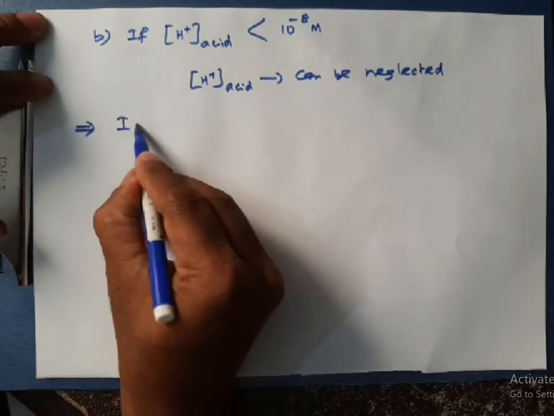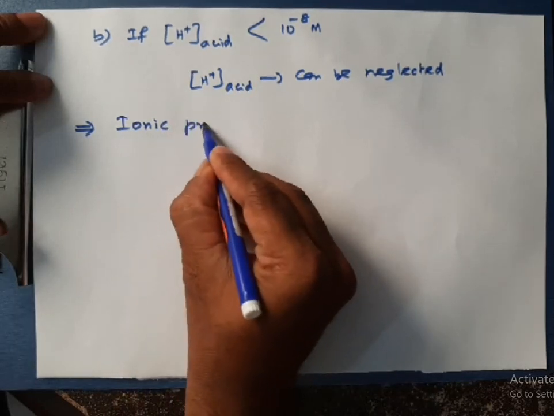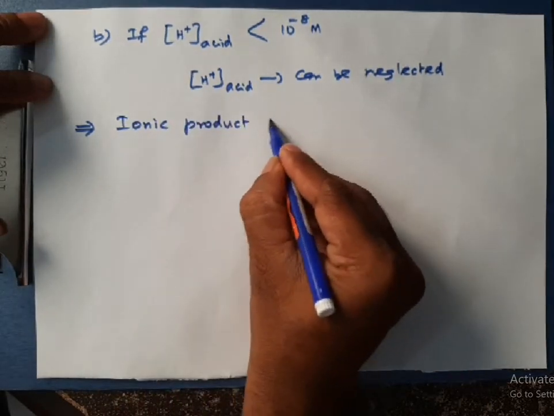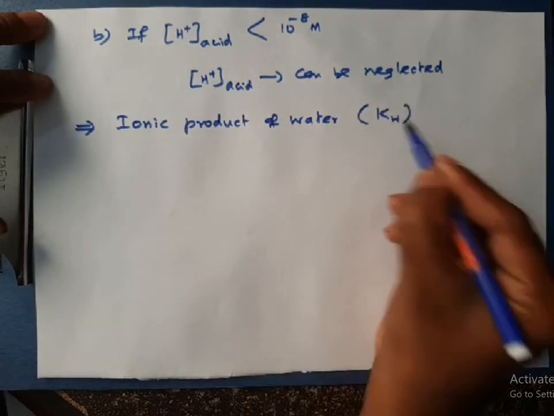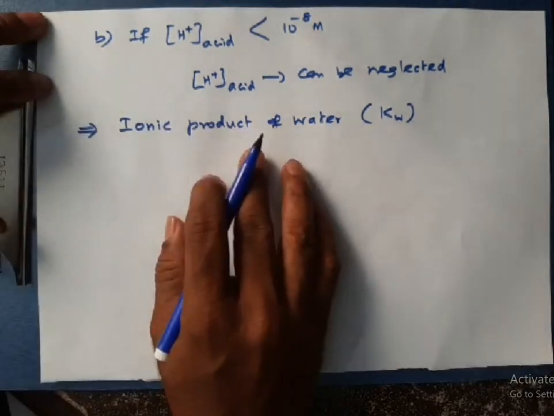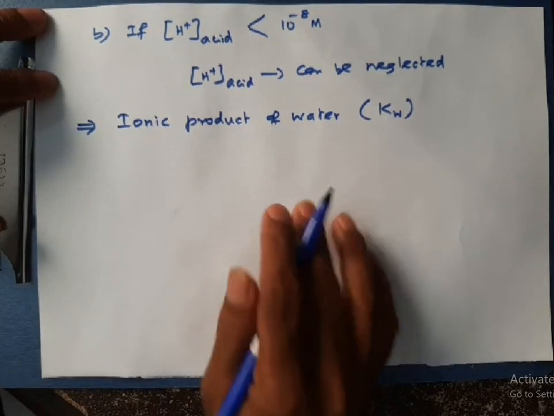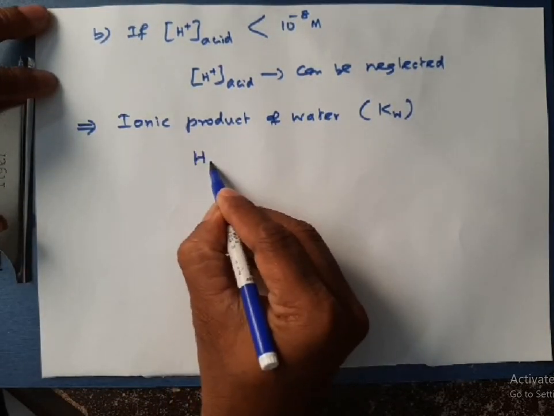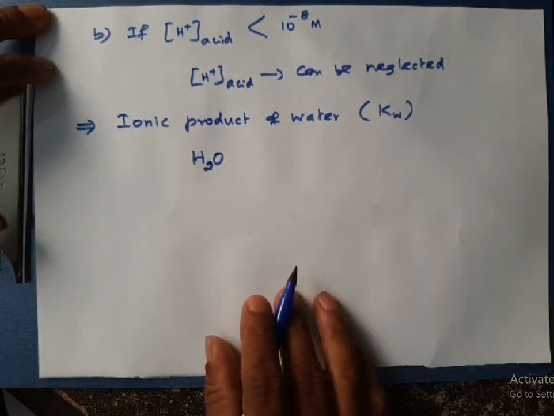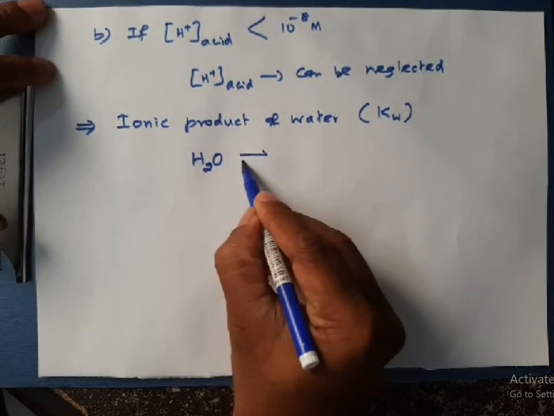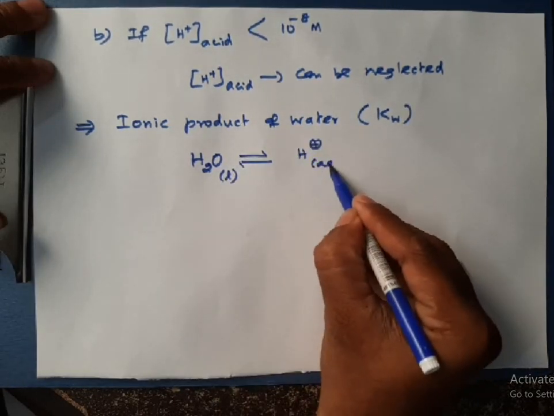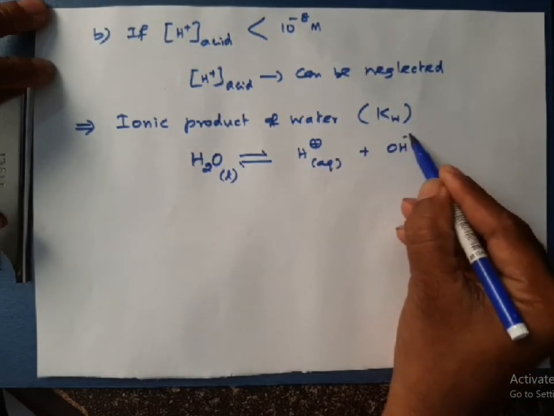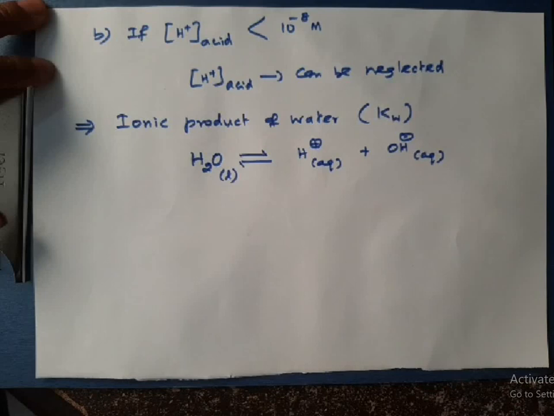So let me just discuss the ionic product of water, which we represent as Kw. What is the ionic product of water? We know very well that the water molecule will undergo self-ionization. Let me write it like this. This is liquid water, which will ionize to give H plus ion in aqueous medium and OH minus ion in aqueous medium.